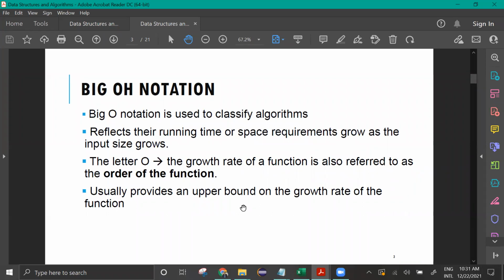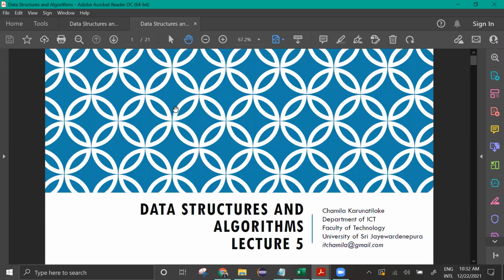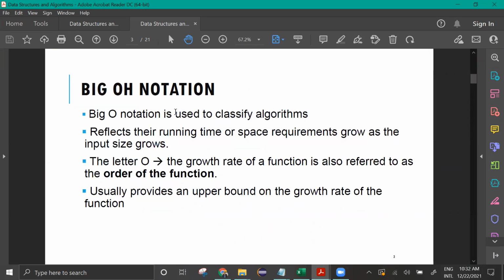I'll take maybe another 30 or 40 minutes. So we can discuss some examples. I will explain some special cases of big O notation.